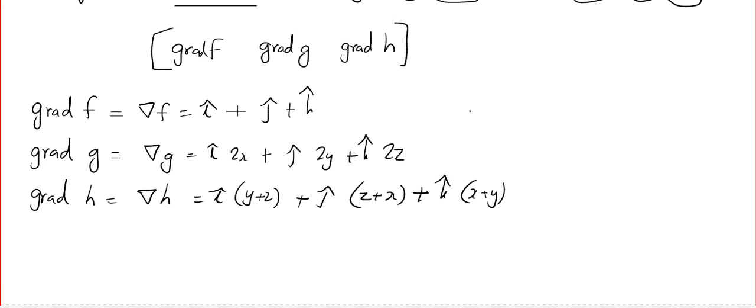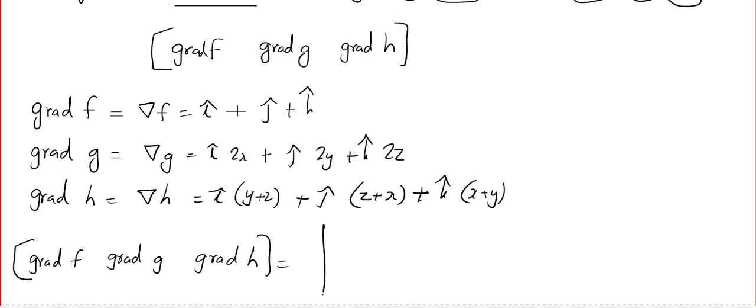Now we want to find the STP, and I told you many times, to find the STP when we have vectors in component form is the determinant method. So what I do is I take determinant 1, 1, 1, 2x, 2y, 2z, y plus z, z plus x, x plus y.